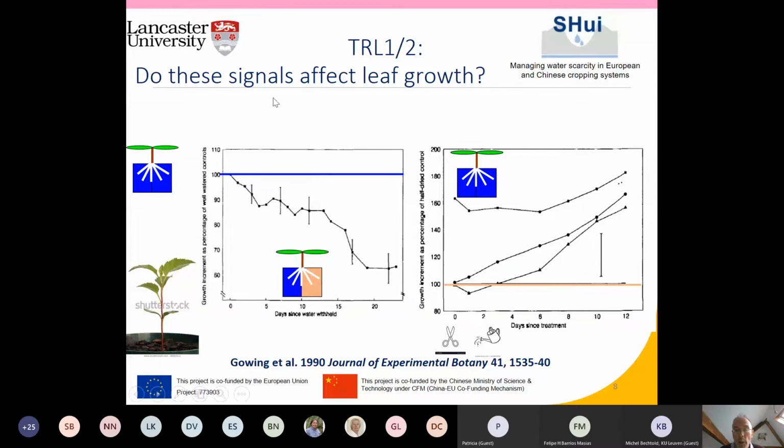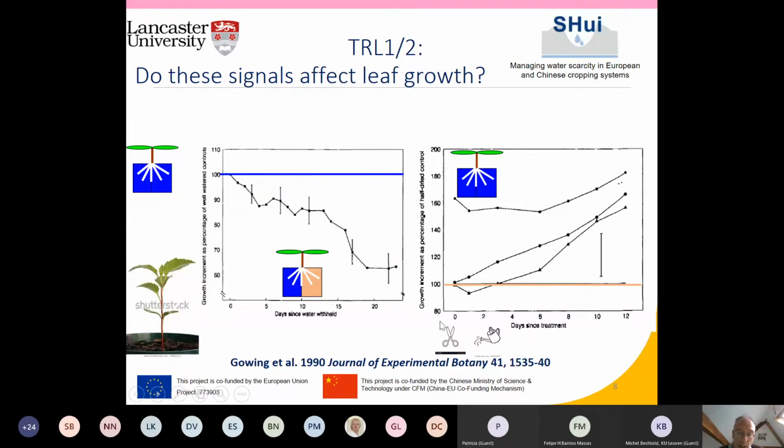This is the recovery phase of the experiment here. So here we have the well-watered plants that received irrigation on both sides of the root zone, and they maintained a high leaf growth rate. This bar represents the plants that continued to be exposed to partial root zone drying. Then we have two treatments applied here. In one case, the partial root zone drying plants were re-irrigated, and you can see that the growth rate of the leaves recovered.